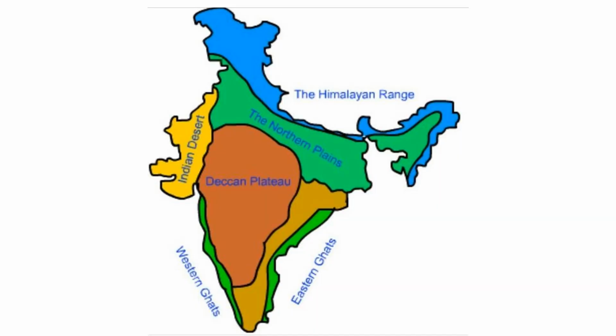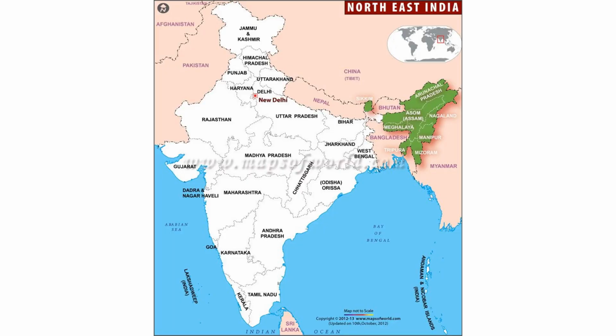Then the sixth one is the semi-arid grassland. Semi-arid means semi-dry. Arid means very dry. Grassland region of the Deccan Plateau, extending to states like Gujarat, Maharashtra, Andhra Pradesh, Karnataka and Tamil Nadu. The seventh one is the northeast states of India.